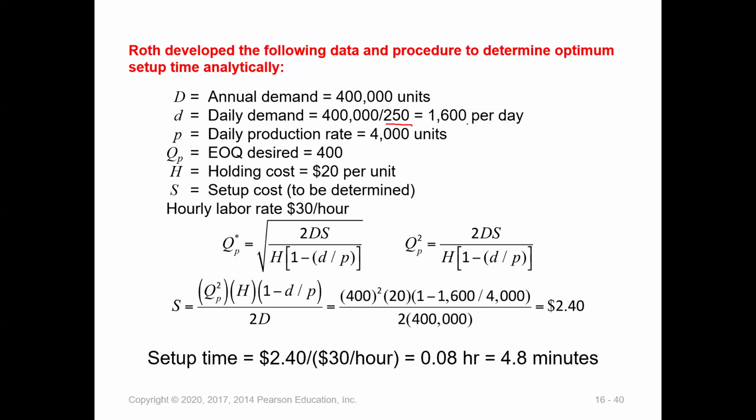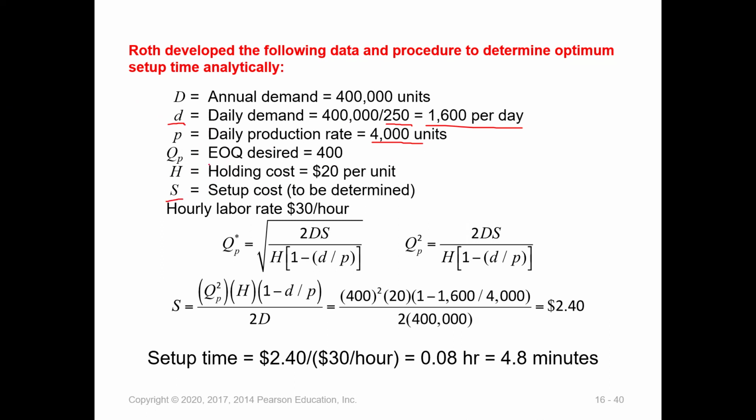This will give us the daily demand because you need the daily demand here, which is the small d. We said the small d refers to the daily demand. Here we are given the daily production rate, which is 4,000. It's already given. You know, before we used to know the setup cost. Now we need to find the setup cost.